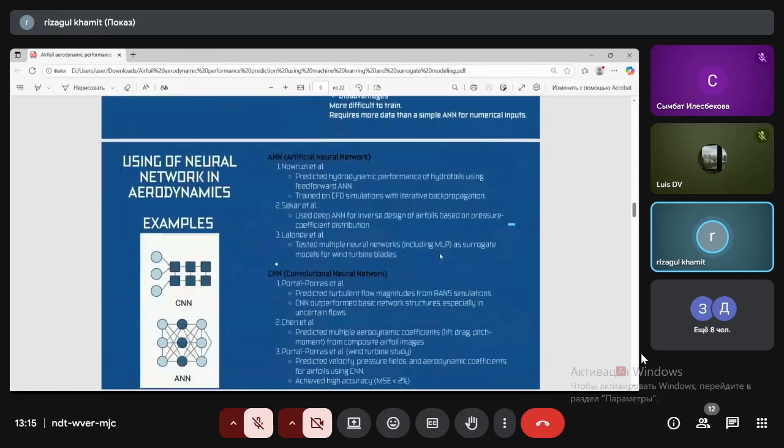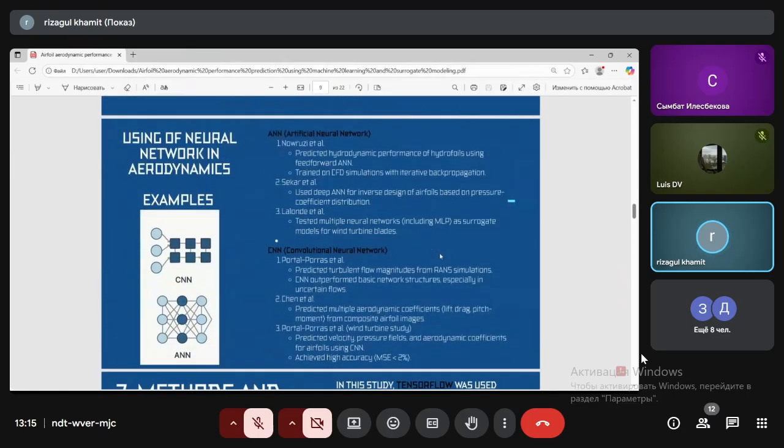On the next page, you can see the examples of what kind of research ANN and CNN were used in. For example, ANN, artificial neural network, was used in the research of Novuzi and other scientists. ANN predicted hydrodynamic performance of hydrofoils, and it was trained on CFD simulations.